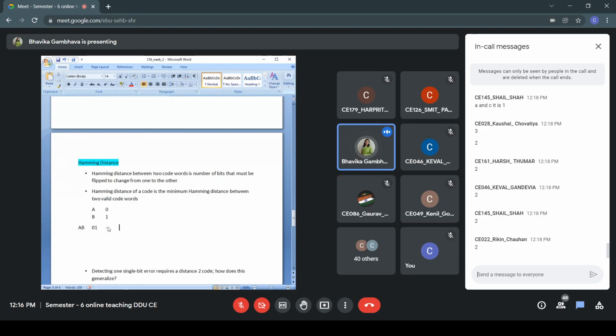If the voltage level of 1 is dropped, then my receiver will be receiving 0, 0. Here, this bit is changed. It is erroneous. So I'm getting 0, 0. So what will the receiver think? That AA was sent. That means a wrong message has been detected. So I can say that if Hamming distance is 1, then I cannot detect a 1 bit error. Do you agree with that?